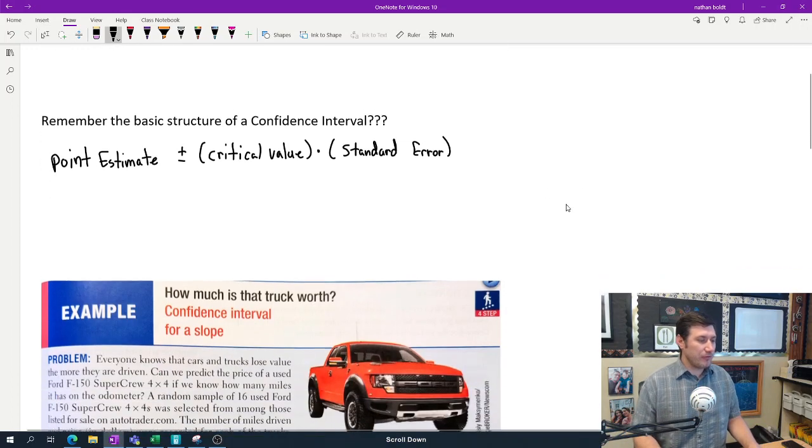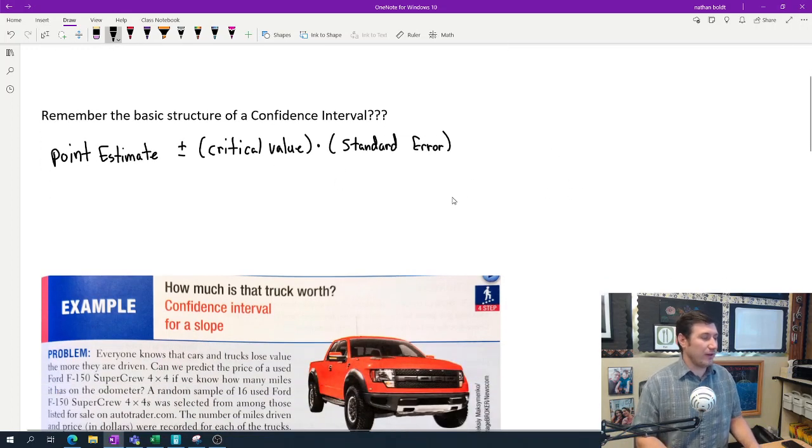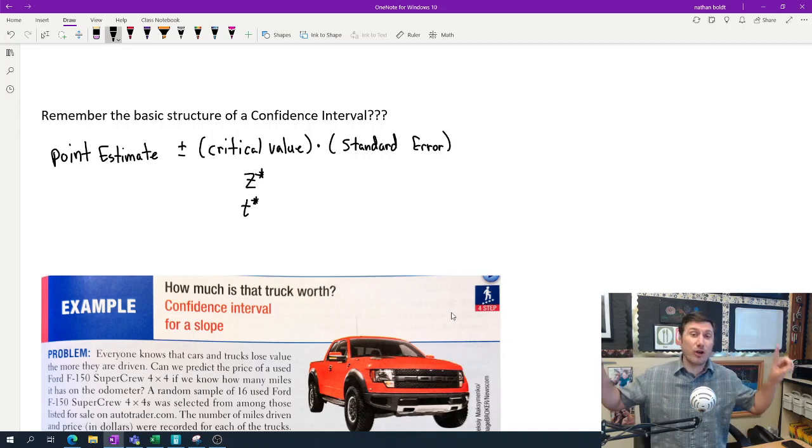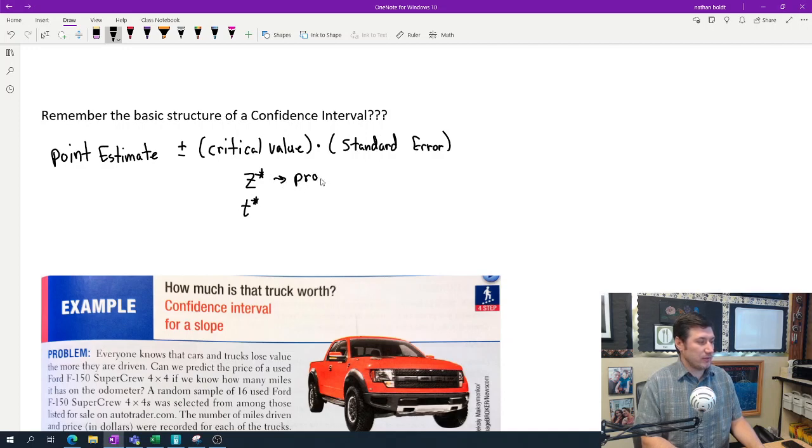If you remember, for the critical value, sometimes this is going to be a z star, sometimes it is a t star. That's how many standard errors you have to go out to capture the parameter as many times as you need to. Z star was all about proportions, and so we would use inverse norm.